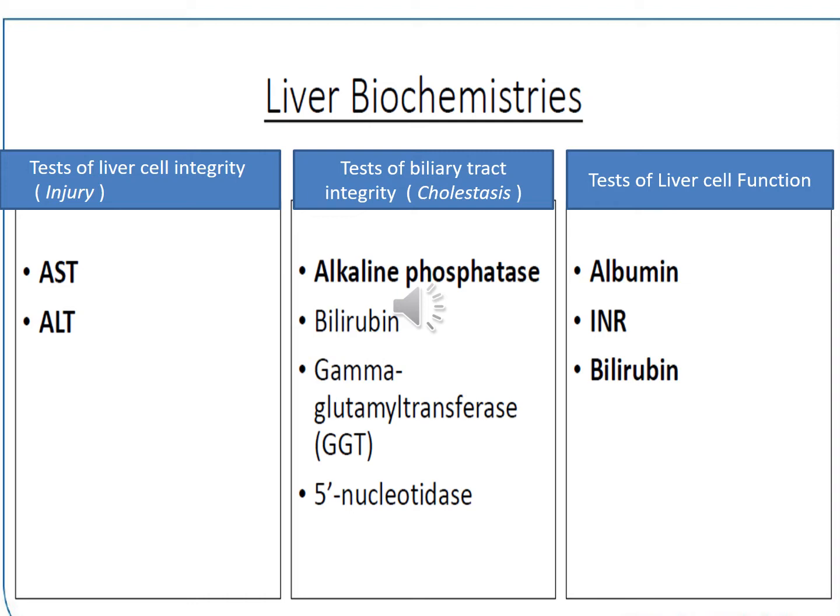And lastly, but by no means the least, tests of real liver cell function: serum albumin, which is synthesized by the liver, serum prothrombin time and INR, as coagulation factors are produced by the liver, and serum bilirubin as another denominator of real liver function.